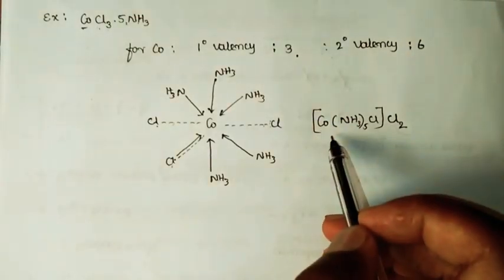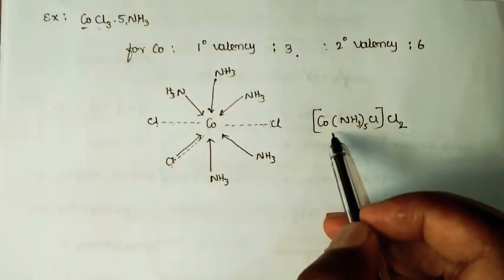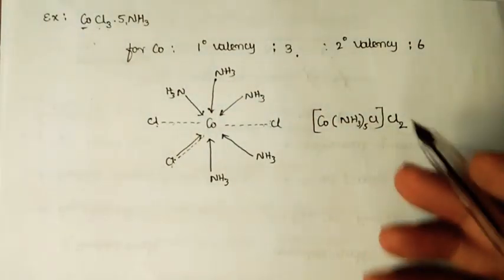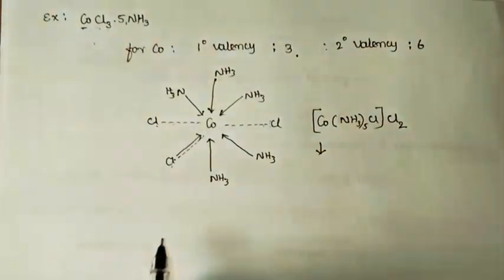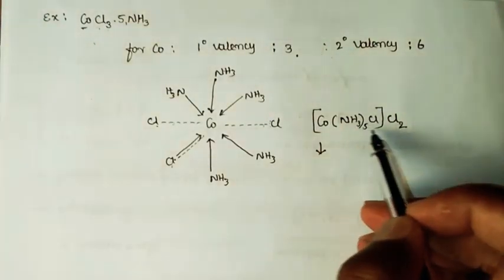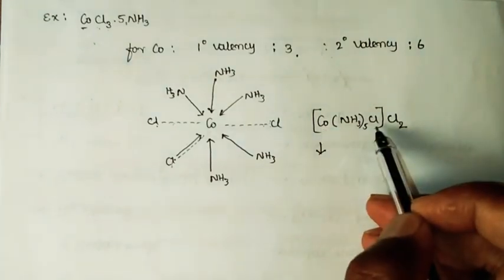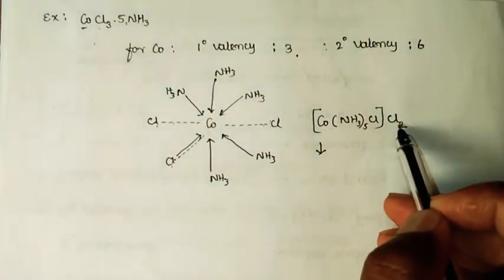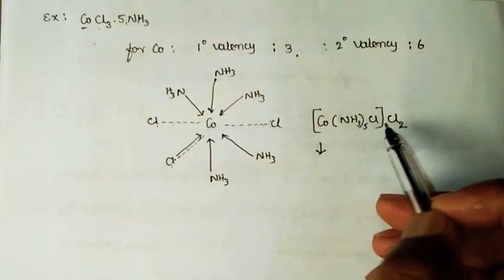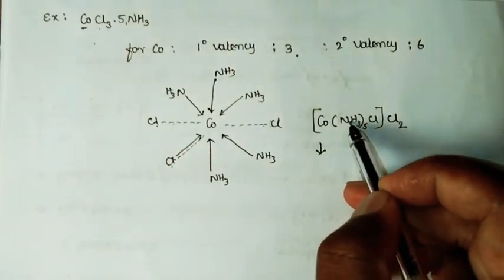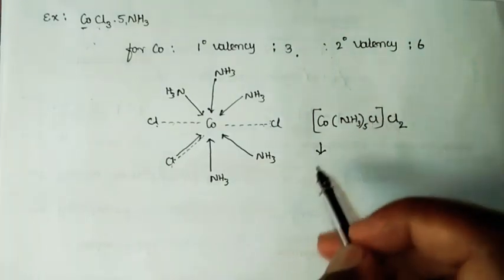So now it is easier to give the IUPAC name for this compound. For this, first we need to see the names of the ligands, because the coordination sphere is present as a cation and the ionic sphere is the chloride. So first we name the cation, in which the ligands are named. There are 5 ammine ligands and 1 chloro ligand.